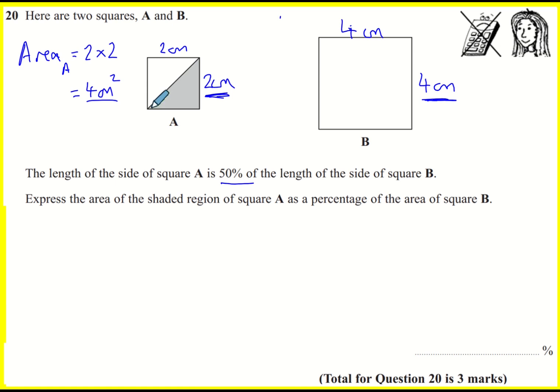The shaded region is a triangle, isn't it? So it's half the base times the height, which would give you the area of the triangle. Or the other way you can think about it is half of the area of the whole of square A, because it's cutting it in half, isn't it? So that red triangle I've just drawn round is half of this value here.